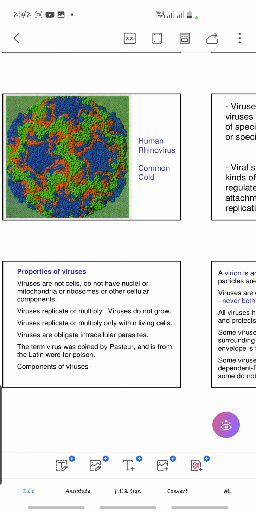Okay, viruses are obligate intracellular parasites, which means, going back to the definition itself, it contains either an RNA or ribonucleic acid, or DNA or deoxyribonucleic acid genome surrounded by a protective virus-coded protein coat. So that's why it's called an obligate intracellular parasite. Why?